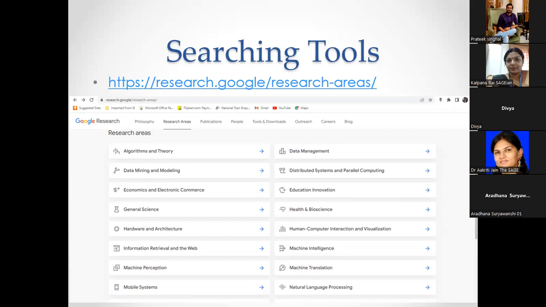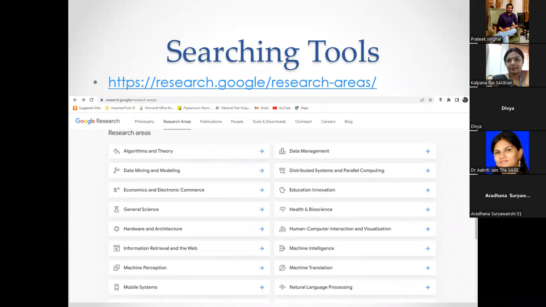Now let's go for searching the titles, searching the topics. While searching the topics, you need to visit different authenticated websites where you can get a number of research papers. As in yesterday's session, Puri sir already told you to visit only the authenticated and most reputed journals.